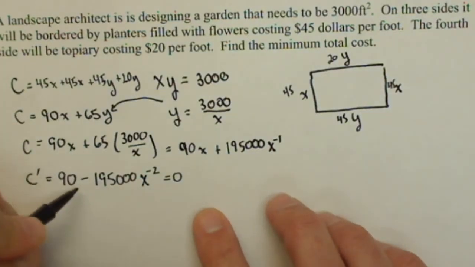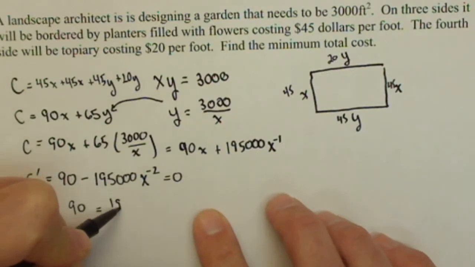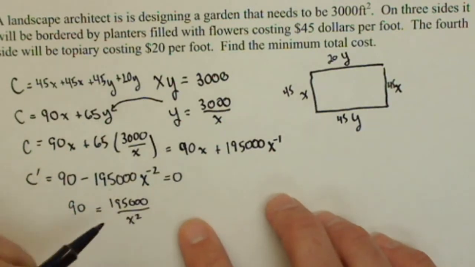So having this equal to 0, these two need to be equal to each other. Well, remember, this is basically 195,000 over x squared.